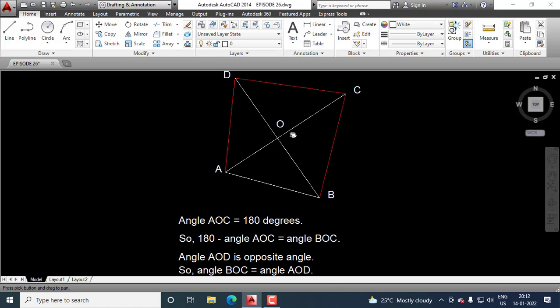So we calculated this angle by applying cosine rule. So from 180 degrees, if we subtract this angle, we get this angle. Once we got this angle, it is equal to this angle, because this is an opposite angle. Therefore, these two angles are also found out. So now we know all these four central angles.